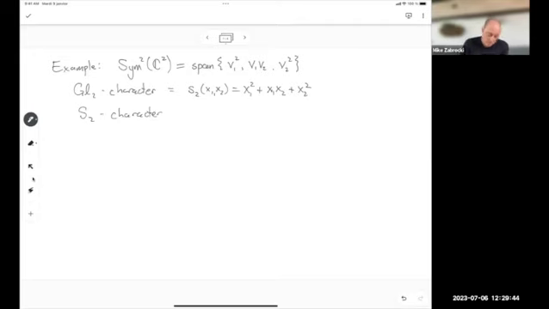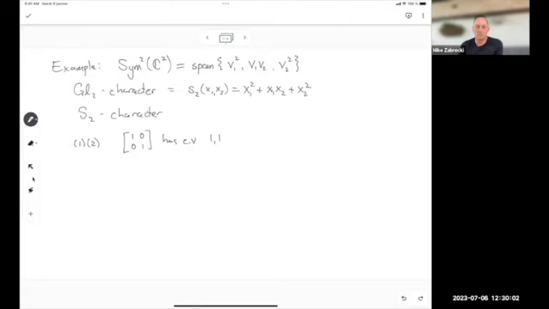Okay, well, if we evaluate the character at the identity, we take the identity matrix, and it has as eigenvalues 1 and 1.